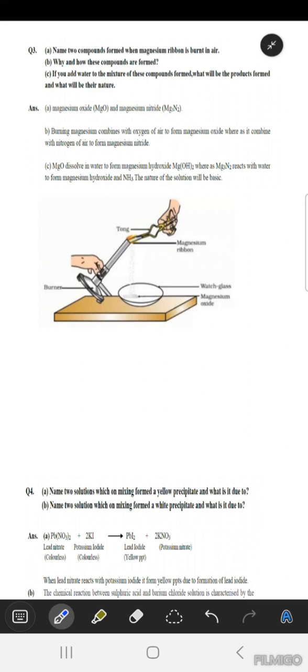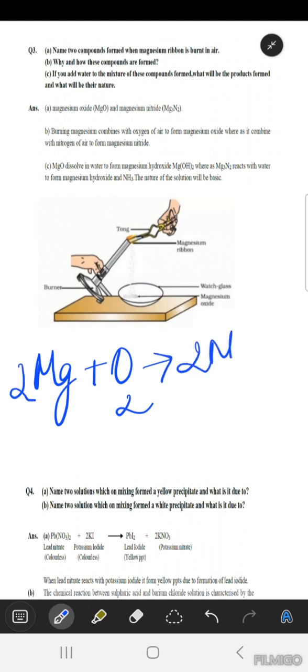Next important question: name two compounds formed when magnesium ribbon is burned in air. As we have discussed in the previous video, when magnesium reacts with oxygen, what we get is magnesium oxide, which is a white powder.